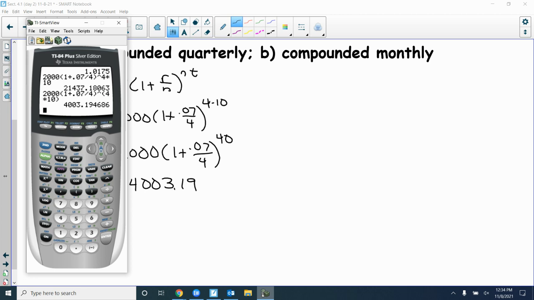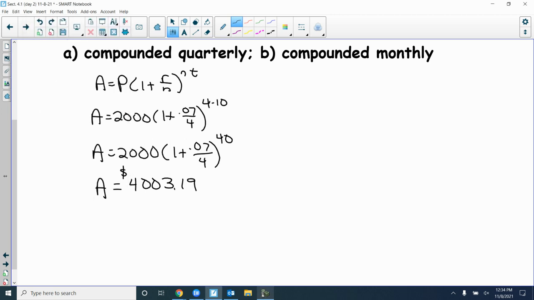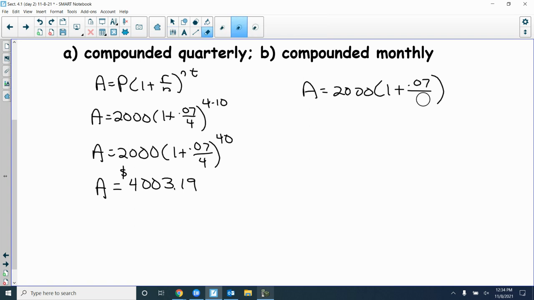Okay. Kyle, you got it? Yeah. All right, hold on here. Let me write this out. A equals 2,000 times (1 plus 0.07 divided by 12), to the 12 times 10, which would be 120.